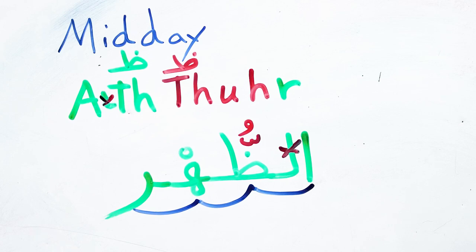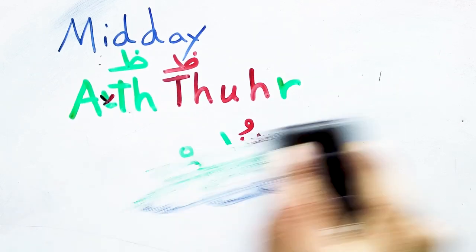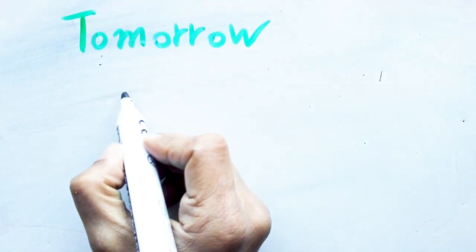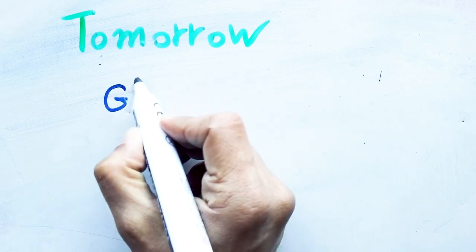Okay, let's check one more word, which is tomorrow. Let's write it first in English. Tomorrow in Arabic is ghadan, and we don't say the tomorrow, okay? So it's just the word ghadan. So I have gha, I'm going to write GH.